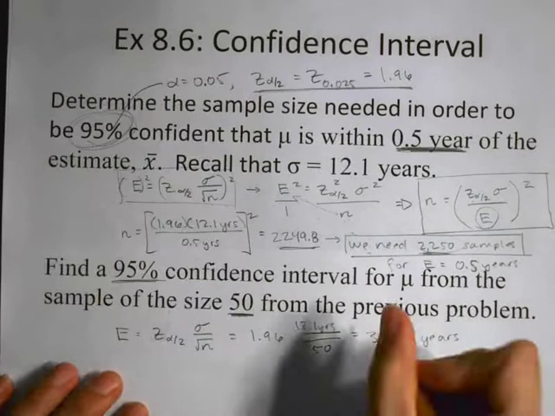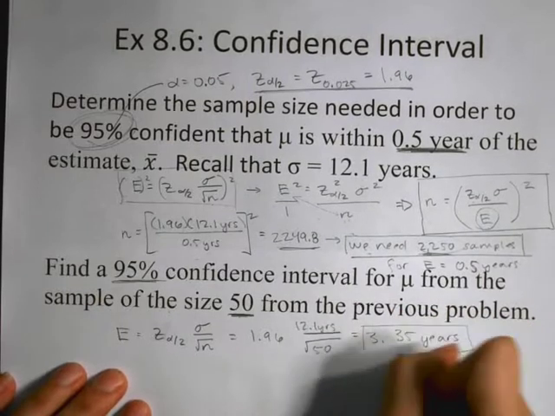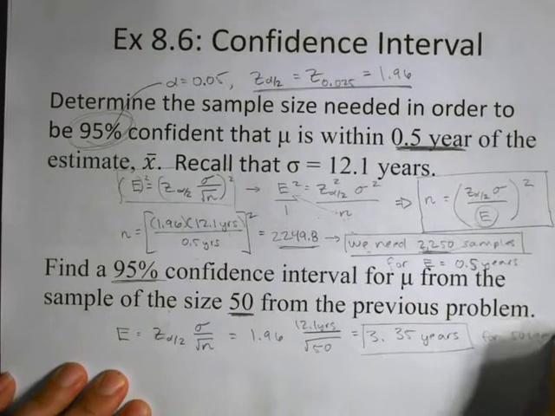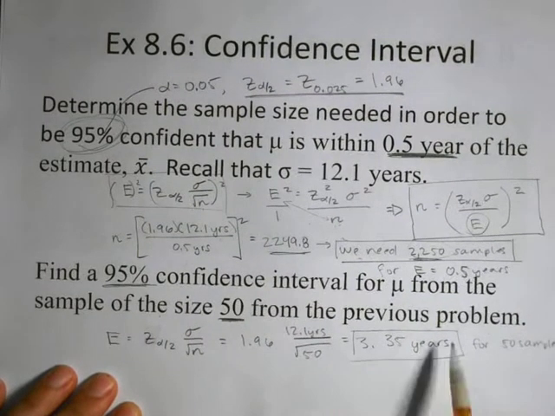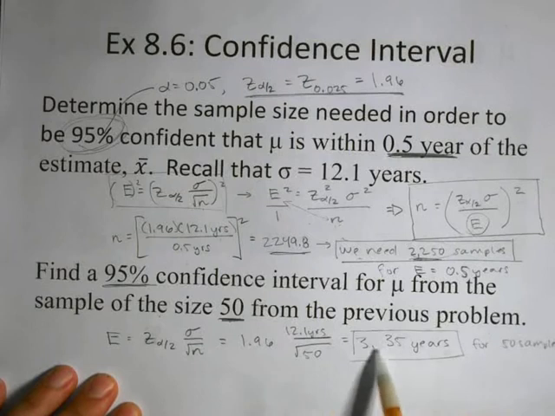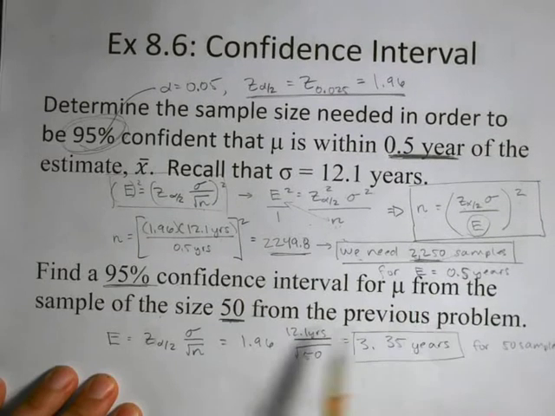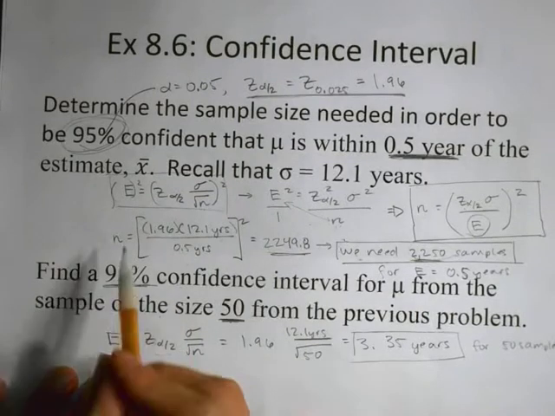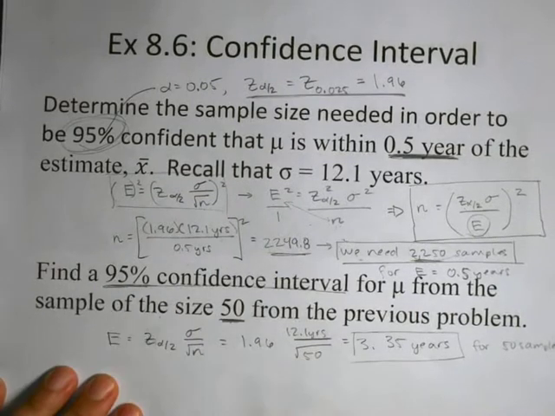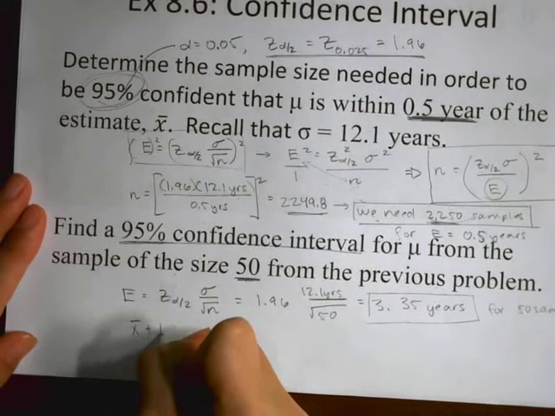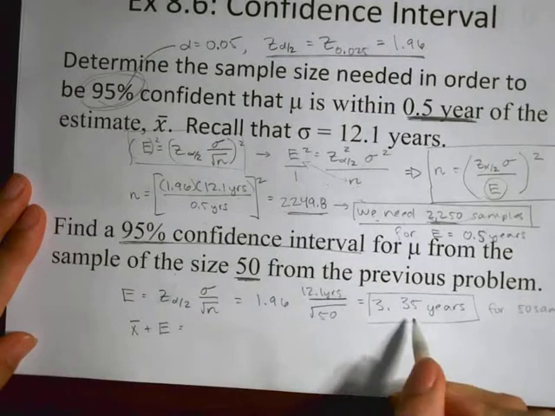And I get 3.35. So sure enough, with a smaller sample size, we have a much less precise estimate of the true population mean than we have with our bigger sample size. So E, margin of error, is actually not what this question was asking for. It was asking not for the margin of error, but the 95% confidence interval.